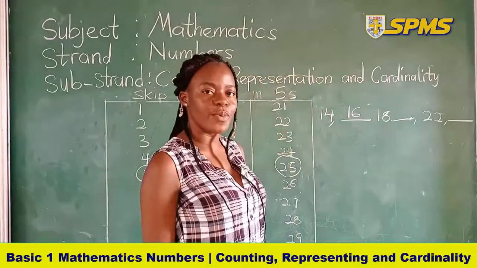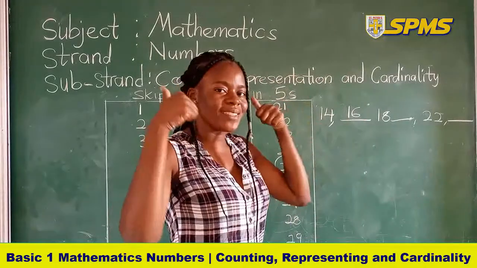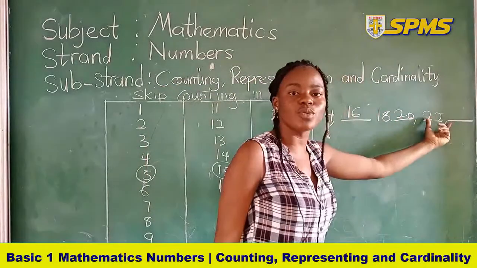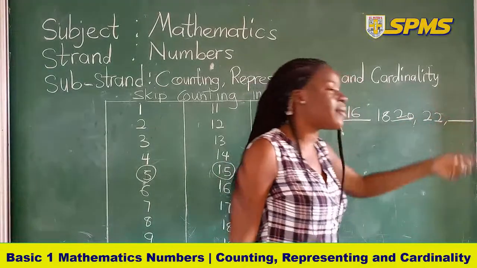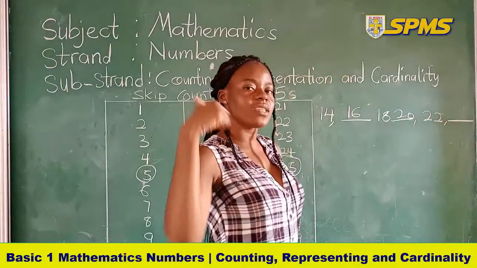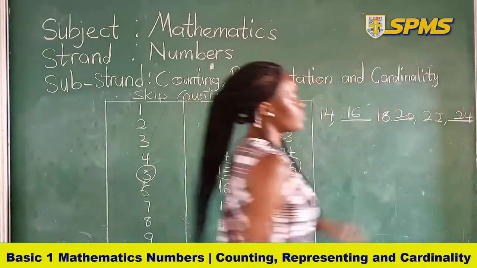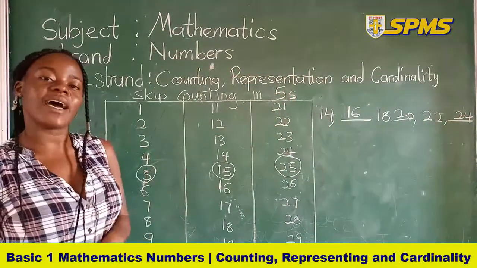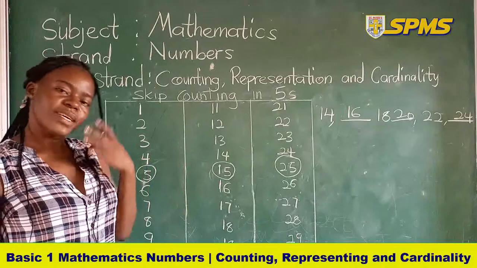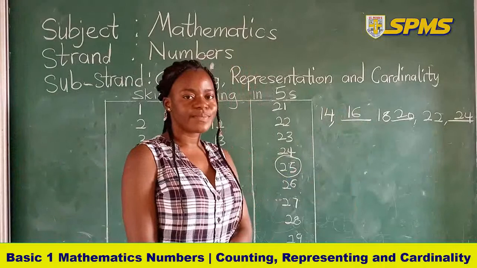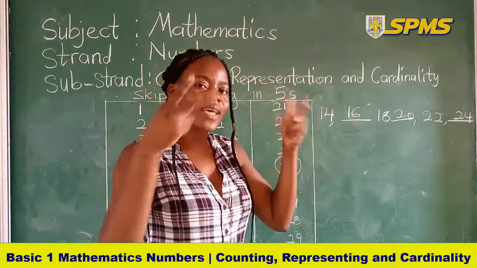Next number will be what? 20. So 20. We have 22 there already. Then the last number will be what? 24. Very good. My children are good. So how many times did we skip? 2 times.